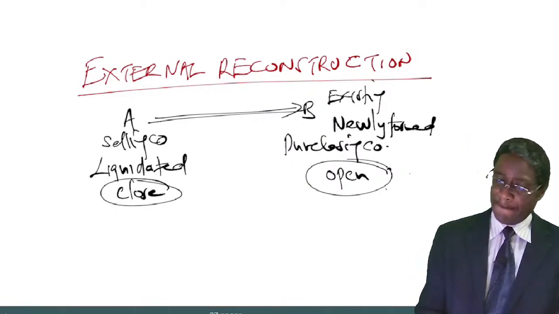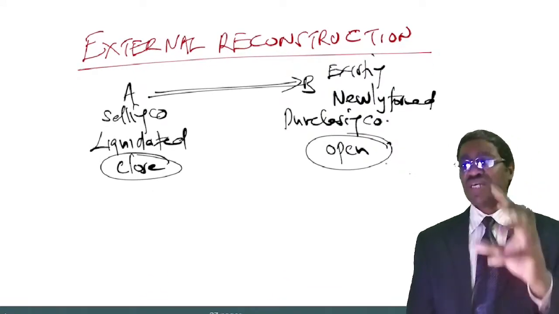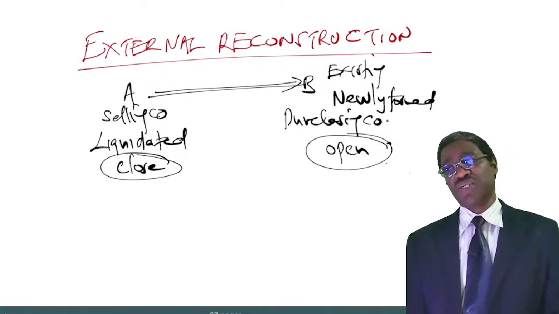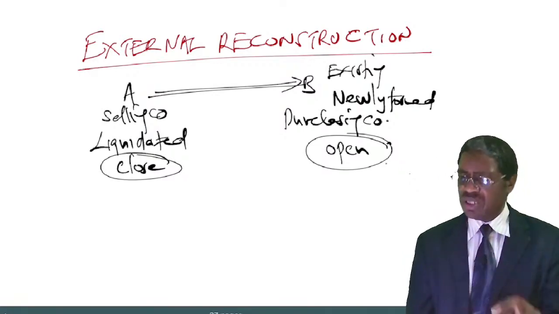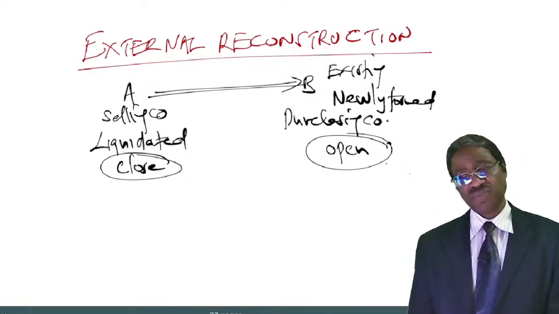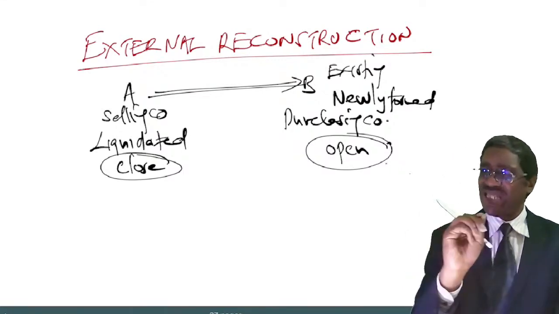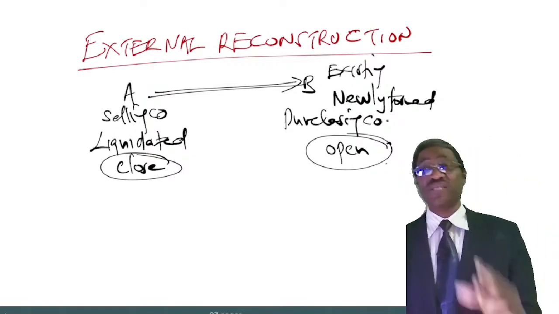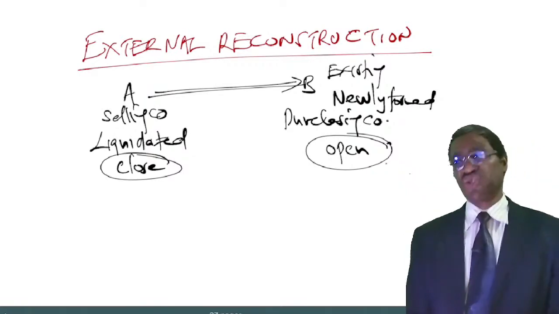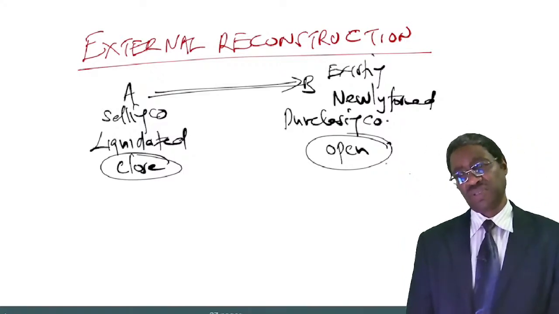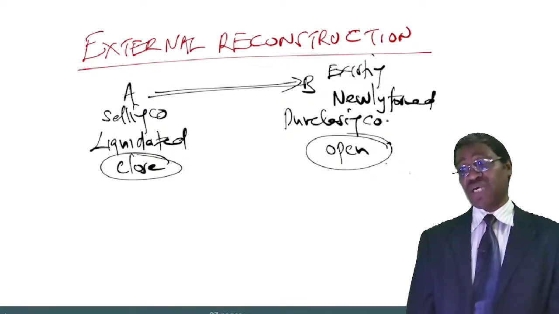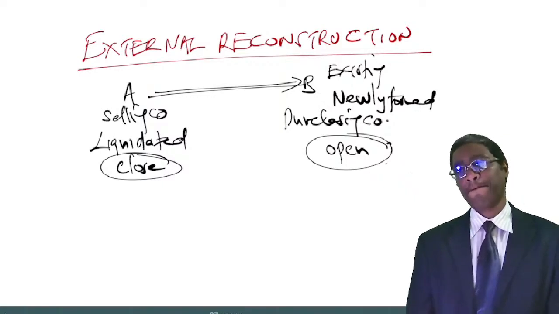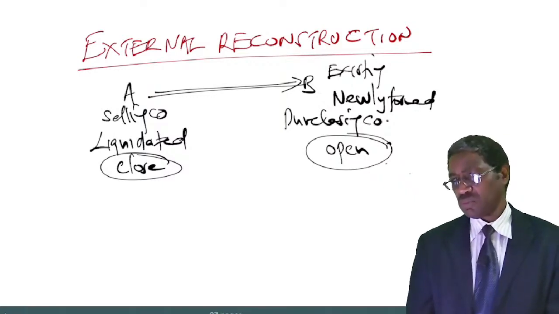Then you say this: external reconstruction occurs where a company is liquidated and they sell their business to another company.